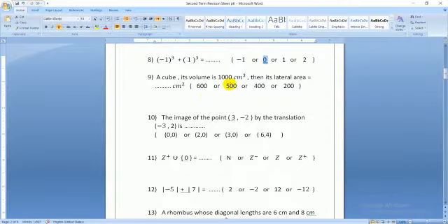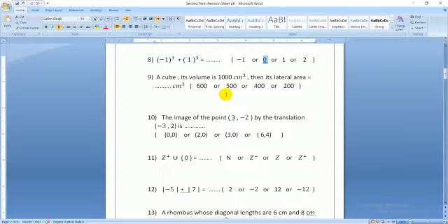The volume equals side length times side length times side length. What number multiplied by itself 3 times gives 1000? It's 10. 10 times 10 times 10 equals 1000. So the side length will be 10 centimeters.